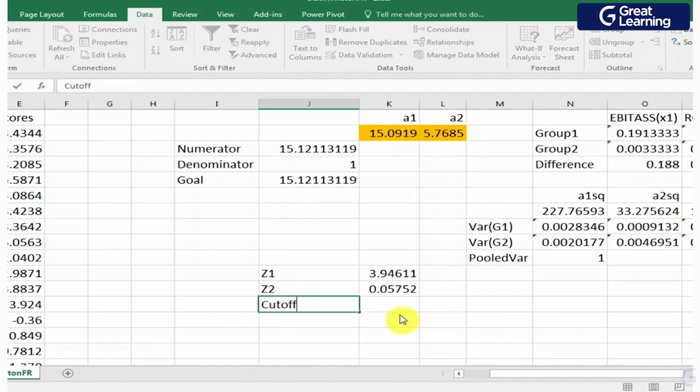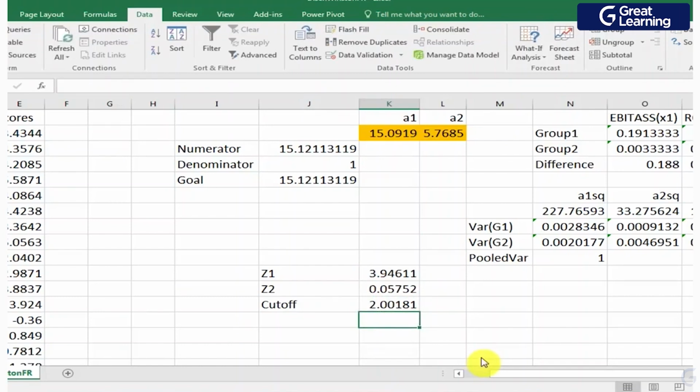Cutoff is equal to 3.94 plus 0.05 divided by 2. Now, if the score is more than 2.0, classify as group 1. If the score is less than or equal to 2.0, classify as group 2.